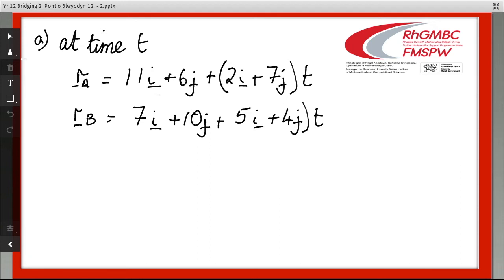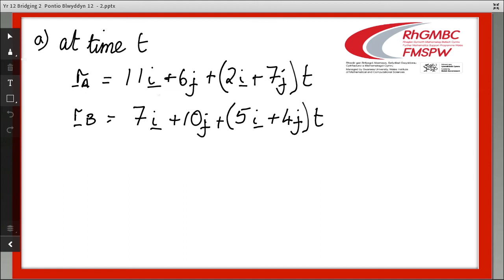Now, what we're saying is we want to show that particle A collides with particle B. Now, if you think about this, this is going back to work that you've done at GCSE mathematics and in your A-level mathematics, where we looked at two graphs crossing each other. And the one thing you said there was, if this graph crosses this other graph, then we know that the x and y components are the same.